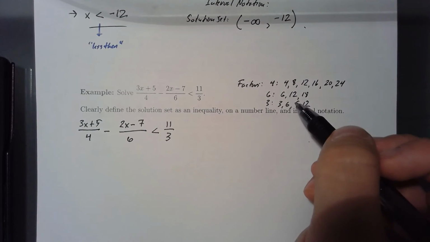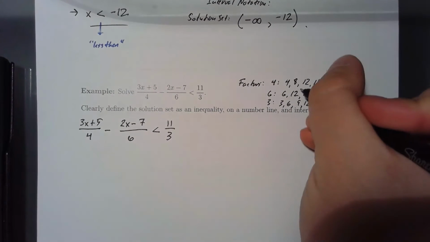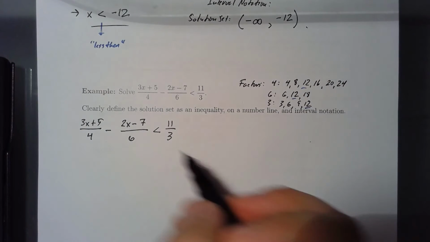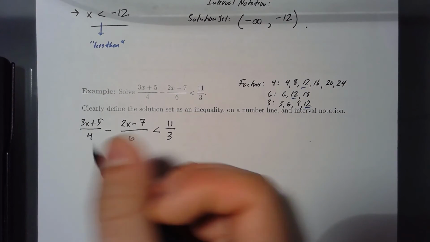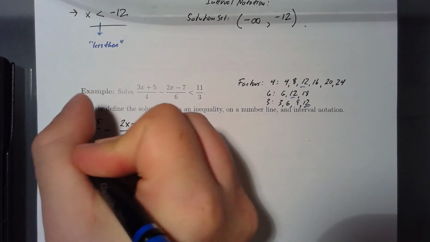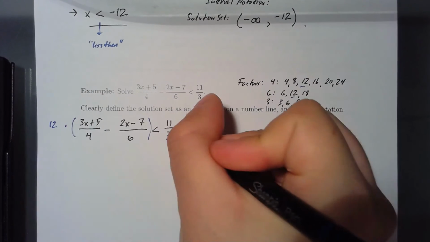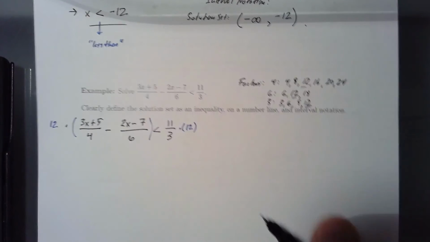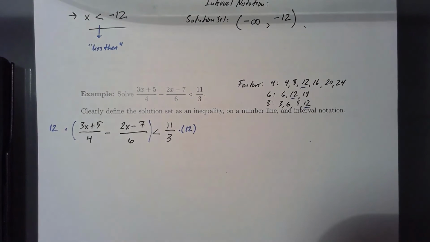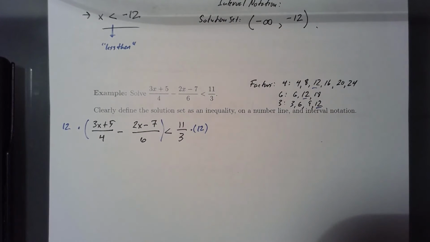So what I could do is, since they all have a common factor of 12, I can multiply this side by 12, and I can multiply this side by 12 to get rid of the fraction. And it'll make it much easier. You don't have to do that, but it's a good way to get rid of a fraction.